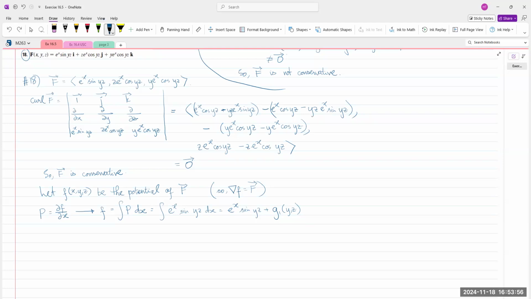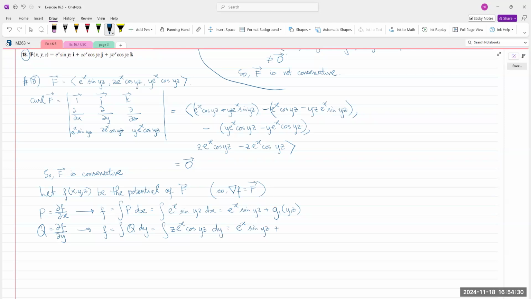Now the Q component, the second component, is the partial of f with respect to y. So the function is the integral of Q dy. That's the integral of z e to the x cosine yz. If we integrate with respect to y, that will be e to the x sine yz. Don't you think so?